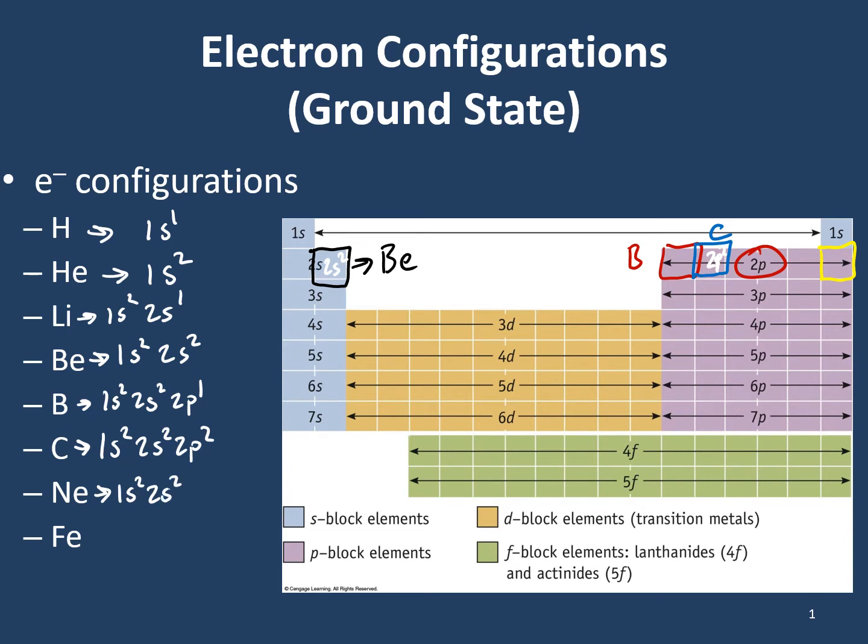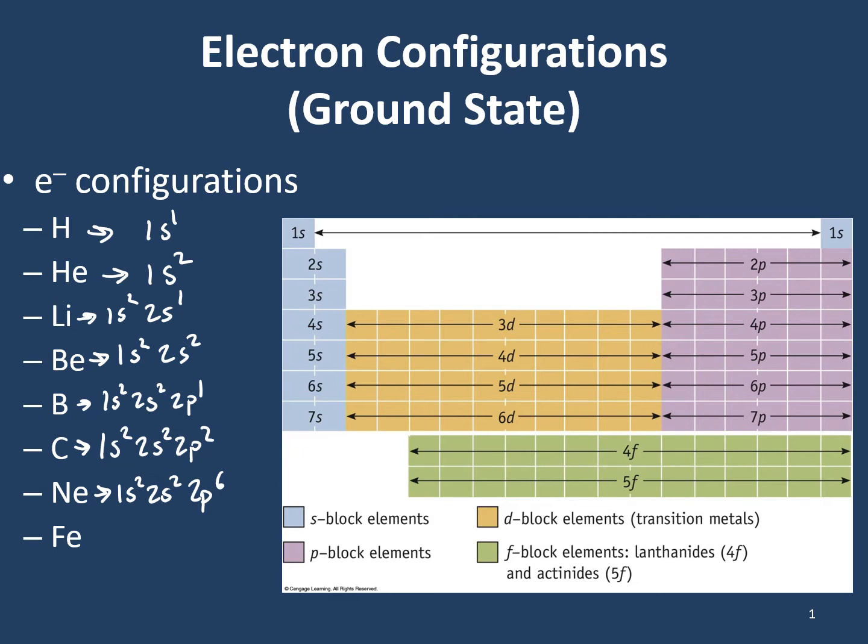Again, we're doing that by going, okay, well, I have 1s1, 1s2, and this is 2s1, 2s2, and then this would be 2p1, 2p2, 2p3, 2p4, 2p5, and this is 2p6. And so I'll finish off neon's electron configuration by putting 2p6. And so we can just keep doing this, counting up to the correct electron configuration by using the periodic table.